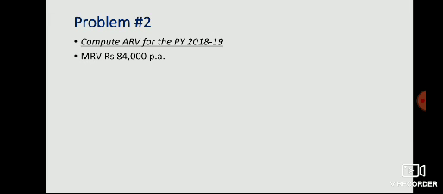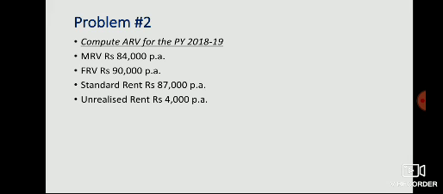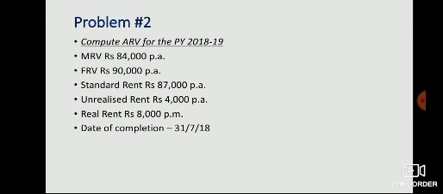Another problem. Okay, we'll move on to another problem in order to understand better. In this problem, we also have to compute the ARV for the previous year 2018-19. MRV is rupees 84,000 per annum, FRV rupees 90,000 per annum, standard rent 87,000 per annum, unrealized rent rupees 4,000 per annum, real rent or actual rent is rupees 8,000 per month.